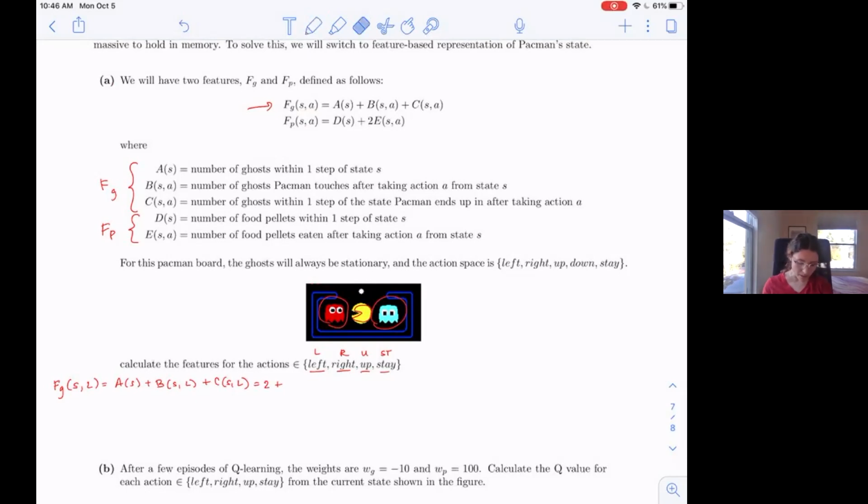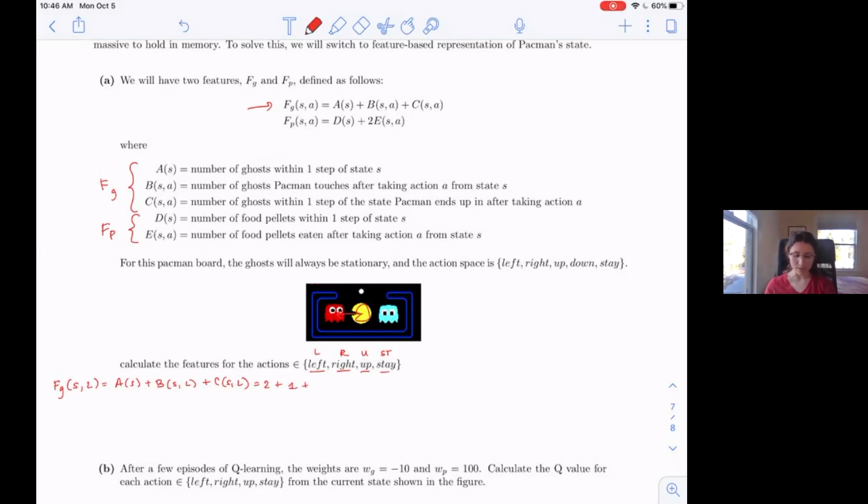What about B of S? So B of S here is the number of ghosts Pac-Man touches after taking action A from state S. So if Pac-Man is right here and he goes left, then he's going to touch 1 ghost. What about C?